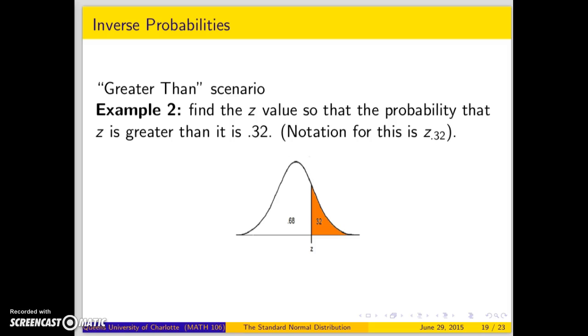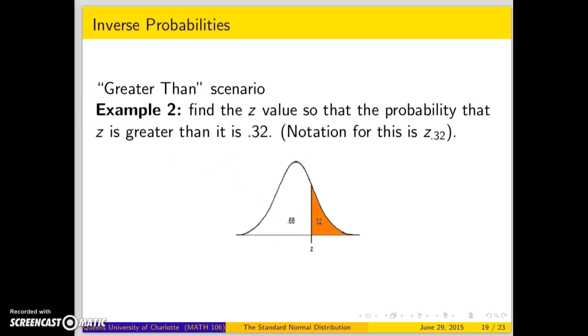Since we know that the area under the curve is 1, all we have to do is say 1 minus 0.32, which is 0.68, to get the area to the left. We want the area to the left because this makes it easier to find in the table in your book, the z table.